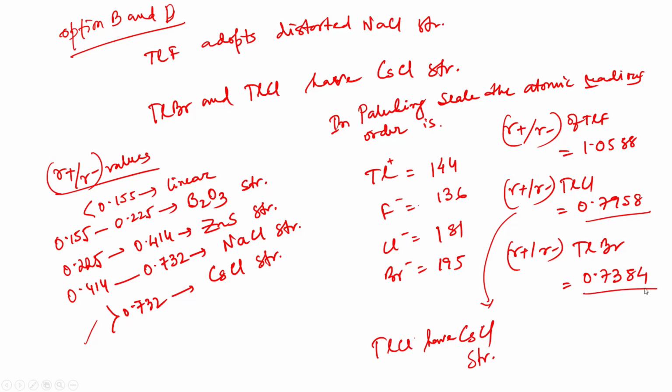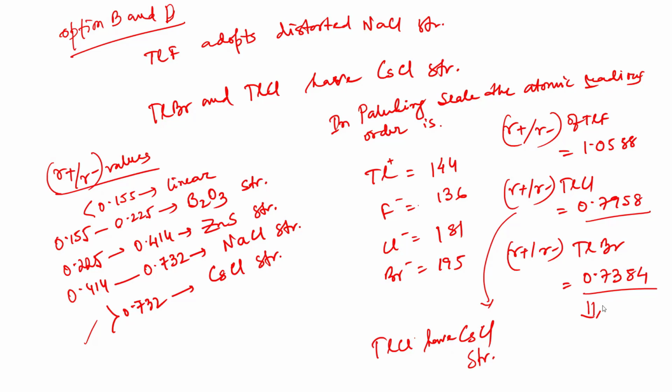Now the TlBr value is on the borderline of the NaCl and cesium chloride structures. In borderlines, both possibilities are there: thallium bromide can acquire the NaCl structure or the cesium chloride structure. But because of the higher size of bromine, to reduce inter-ionic repulsion, it acquires the cesium chloride structure.